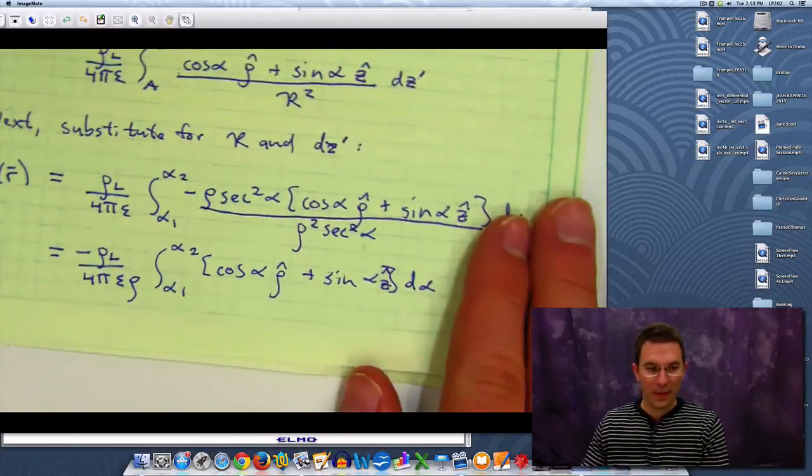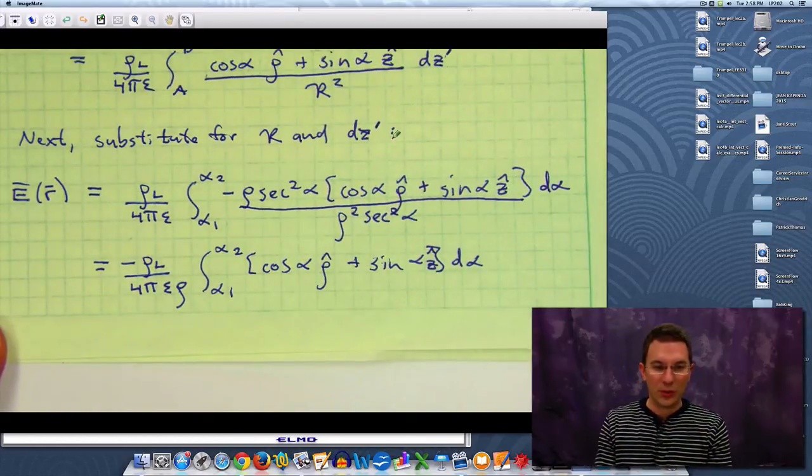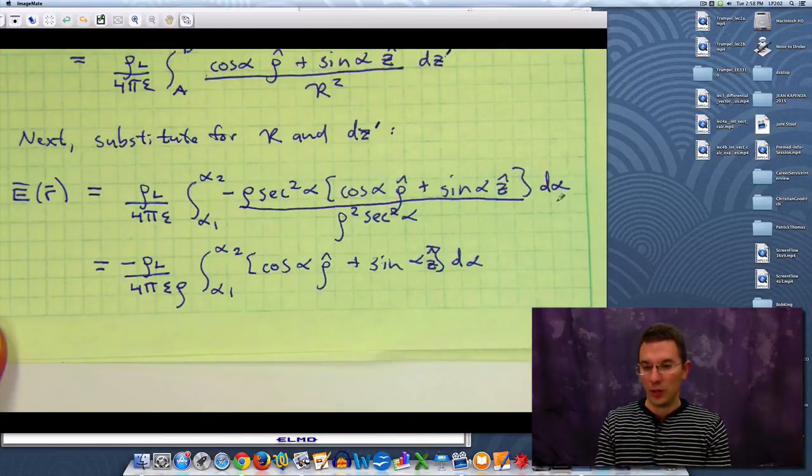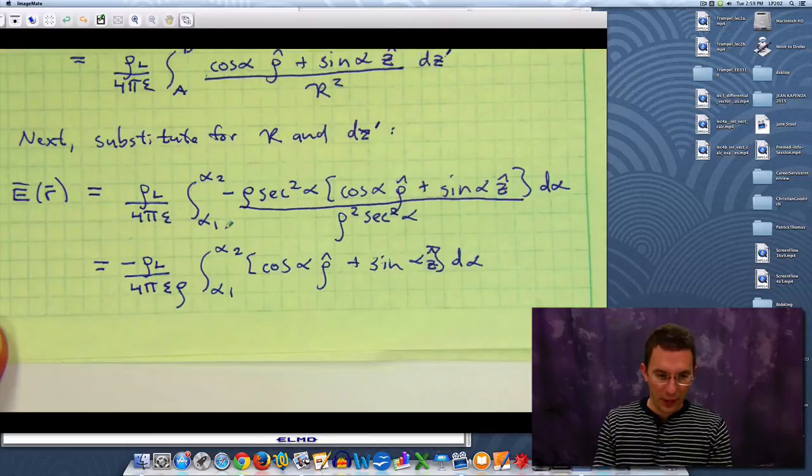After we make those two substitutions, instead of integrating over z prime, now we're integrating over our new integration variable, d alpha. And you can see we're starting our integration again at alpha 1, we're ending it at alpha 2, and we have this expression now underneath the integral sign.